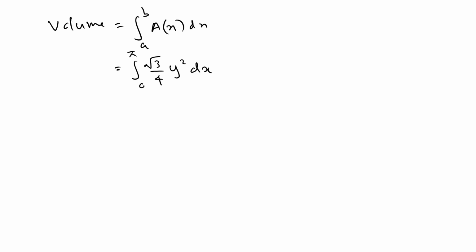Now the issue is you're going to integrate this with respect to x, but your function is y, so that means we're going to replace that. Once you replace it, you're going to get the integral going from 0 to pi of square root 3 over 4. We're going to replace y. Y is square root of sine x, whole thing squared.